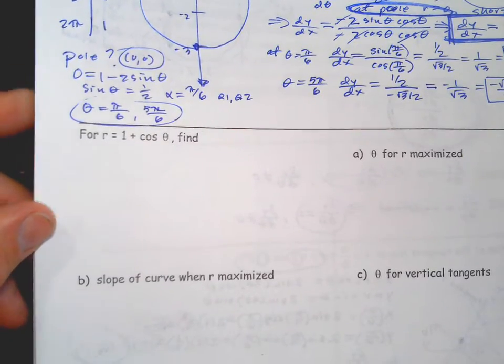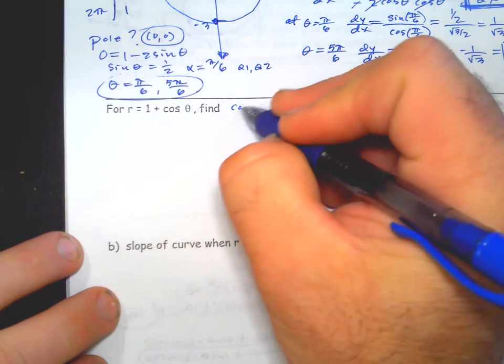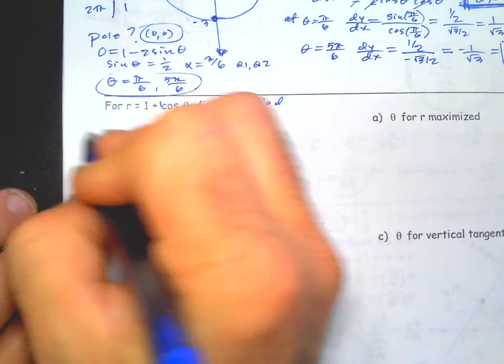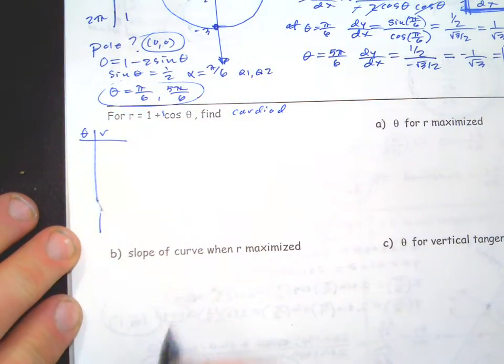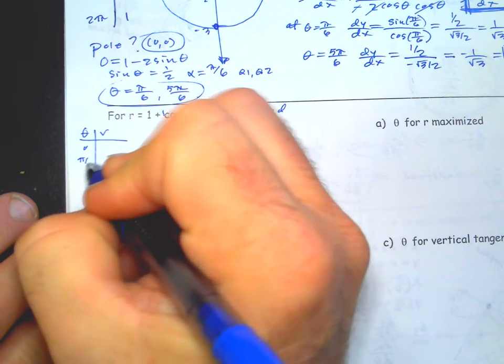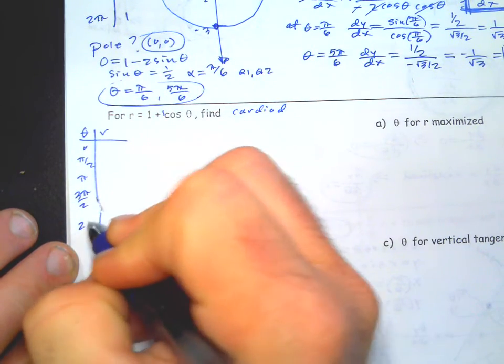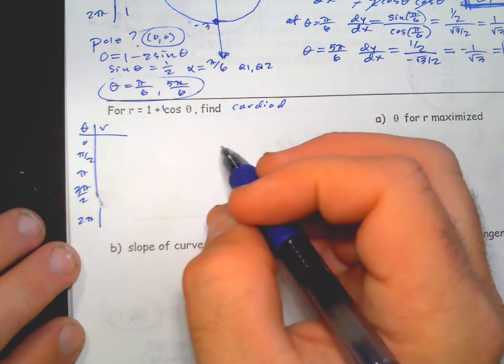Now, here's another problem. We can do a quick sketch. This is a cardioid because the coefficients are the same. So we can do a quick sketch, 0, pi over 2. I just think this is going to help you catch some mistakes potentially, and it shouldn't take that long. You should be pretty good at a quick sketch.